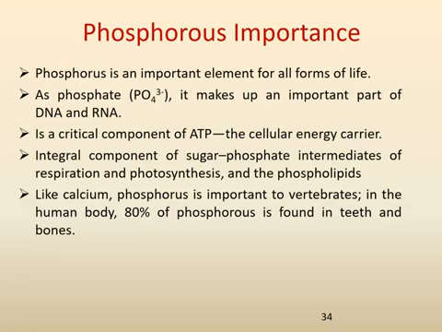Phosphorus is an integral component of important compounds of plant cells, the sugar phosphate intermediates of respiration and photosynthesis. It is also part of the phospholipids that make up plant membranes. Like calcium, phosphorus is important to vertebrates as well. In the human body, 80% of phosphorus is found in teeth and bones.